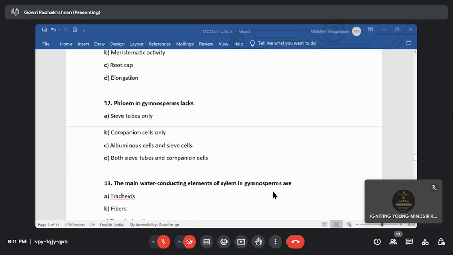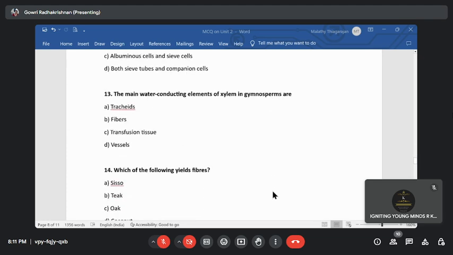Phloem in gymnosperms lacks D, ma'am, both sieve tubes and companion cells, correct. The main water conducting elements of xylem in gymnosperms are tracheids.